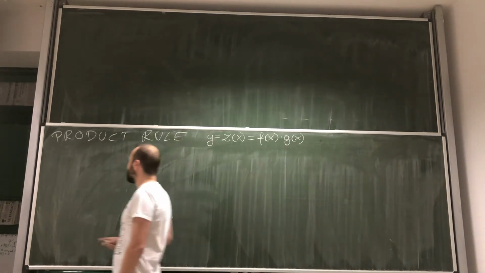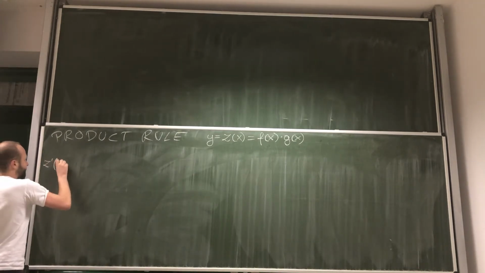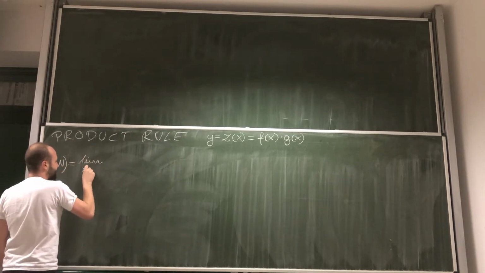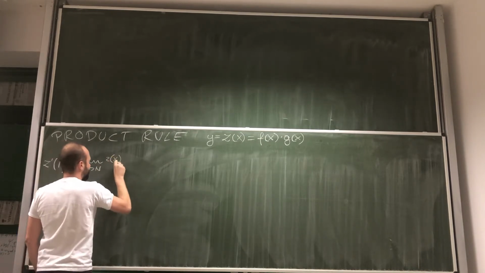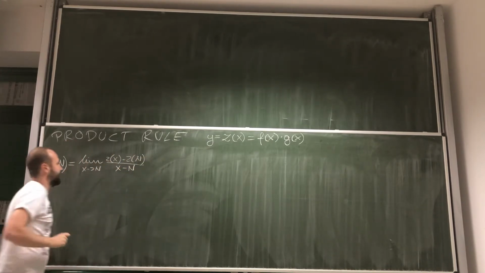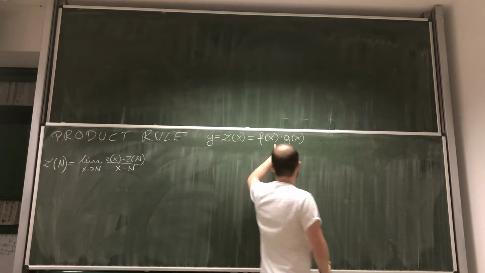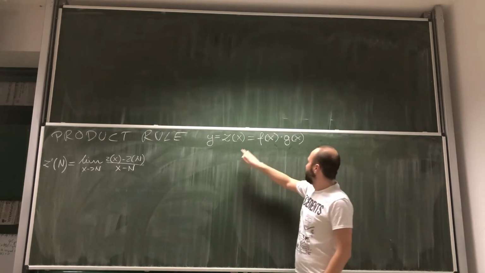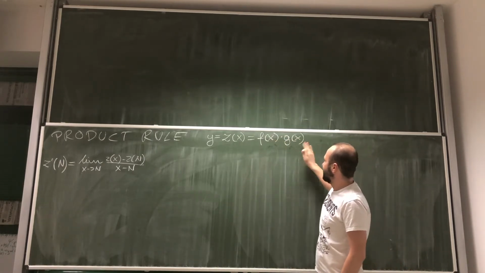examples. Okay, so we are looking for the derivative z prime of n, and of course this is equal to a limit with x approaching n of z of x minus z of n divided by x minus n. Okay, now let's utilize the information we've got over here and substitute for z of x, and we'll then have f of x times g of x, and for z of n we'll then have f of n times g of n.